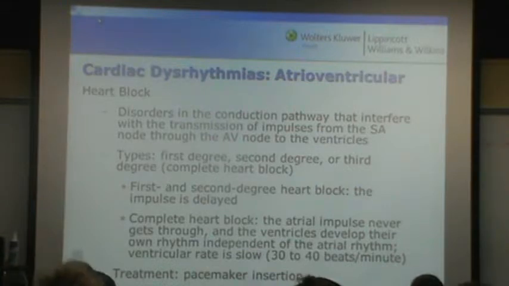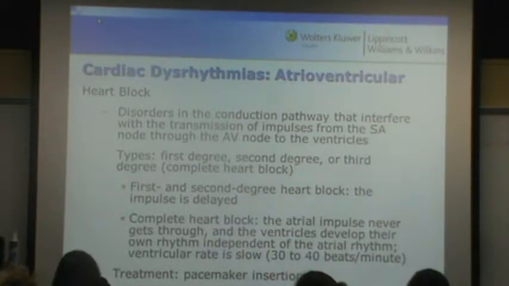And sometimes, depending on the level of the blockage, whether we're looking at a first, second, third degree, the SA node may still be communicating with the ventricles. It may still be sending an impulse down to the ventricles. Sometimes it's not, especially with third degree, which we call third degree complete heart block, because of this reason right here.